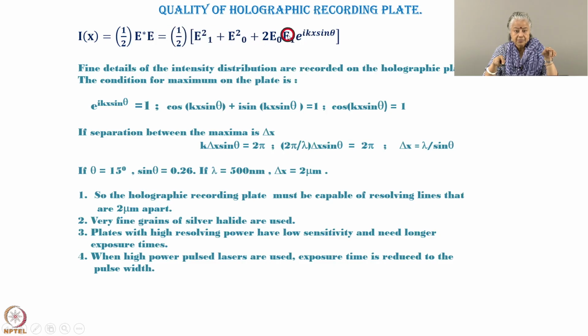So the condition for maximum intensity is e to the power i k x sin theta equal to 1. If I write e to the power i theta, it is just the mathematical identity e to the power i theta is equal to cos theta plus i sin theta.